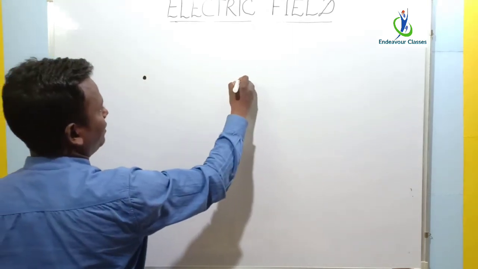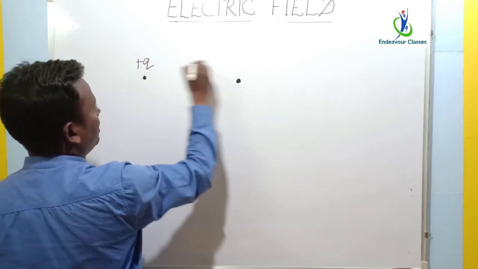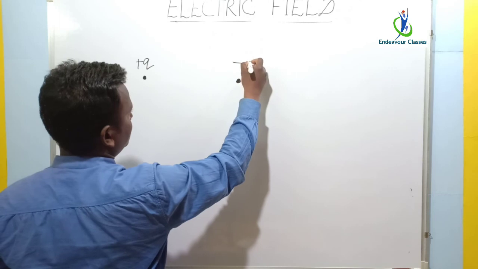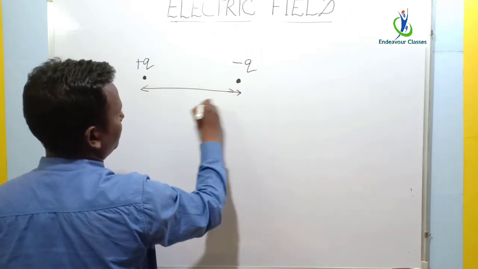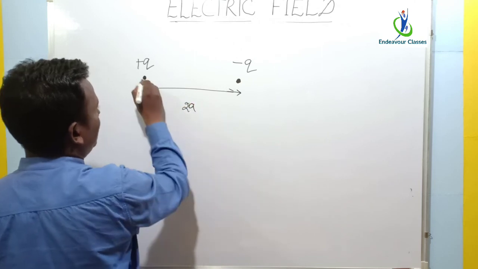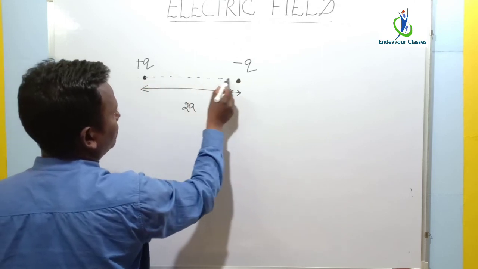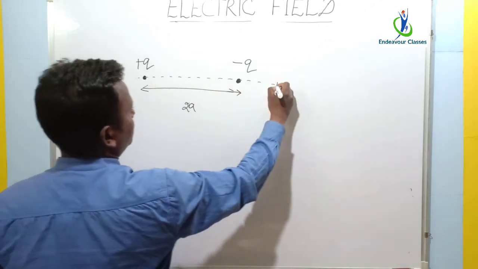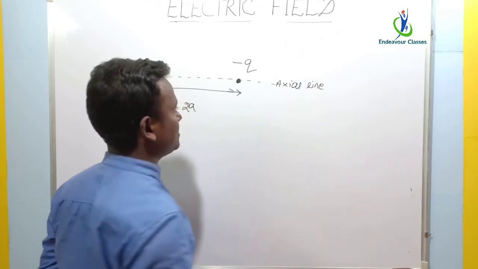So if we have a dipole, with charges plus q and minus q separated by a distance 2a, then the line joining the two opposite charges of the dipole is called the axial line, or otherwise the axis of the dipole.